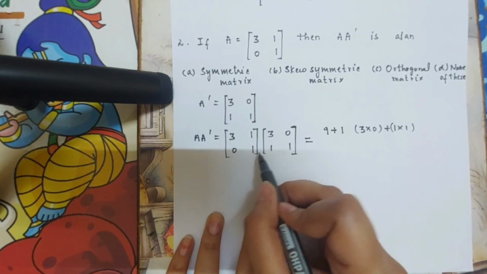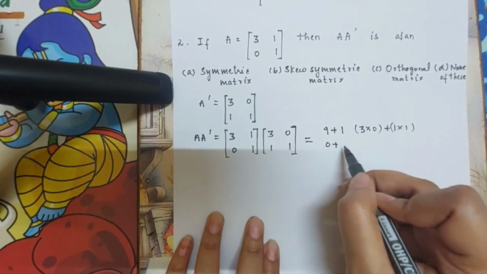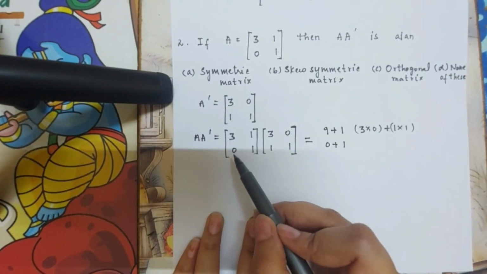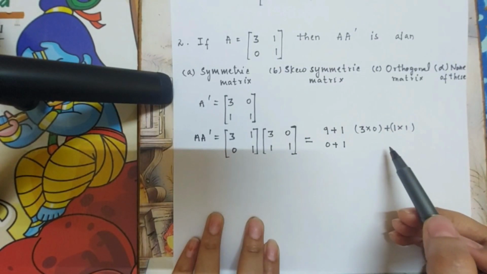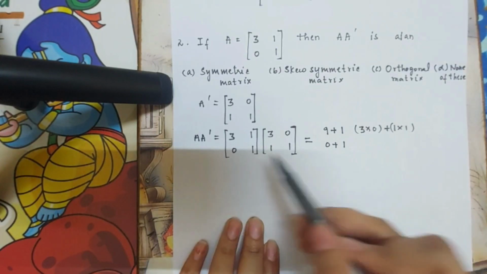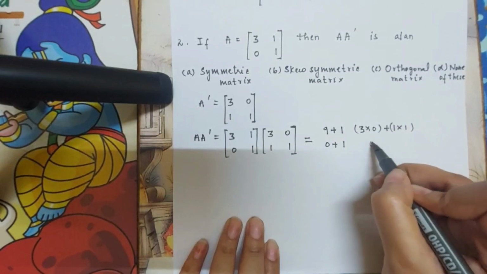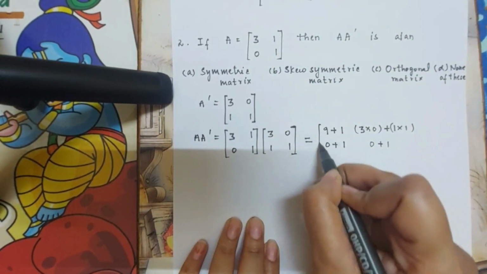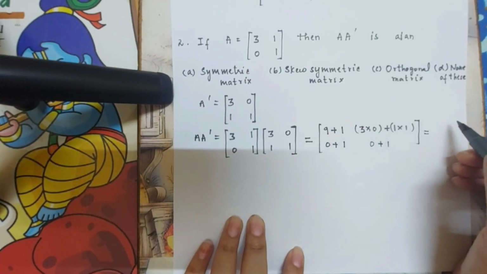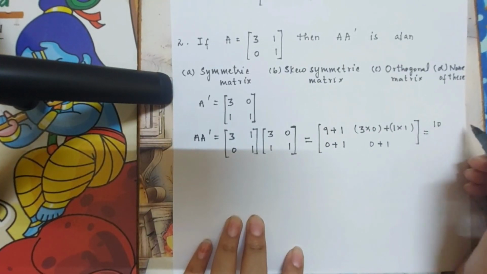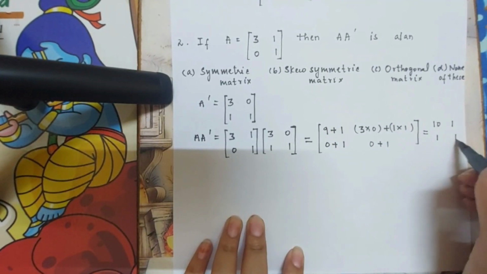Then the second row, first column, 0 into 3 plus 1 into 1. Then the fourth element we will be getting by multiplying the second row with the second column. So 0 plus 1. So this will be equal to [10, 1; 1, 1].